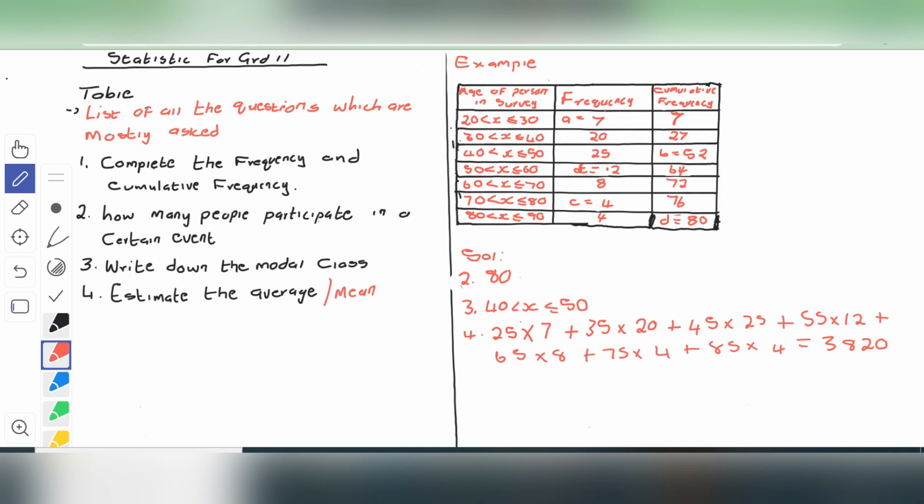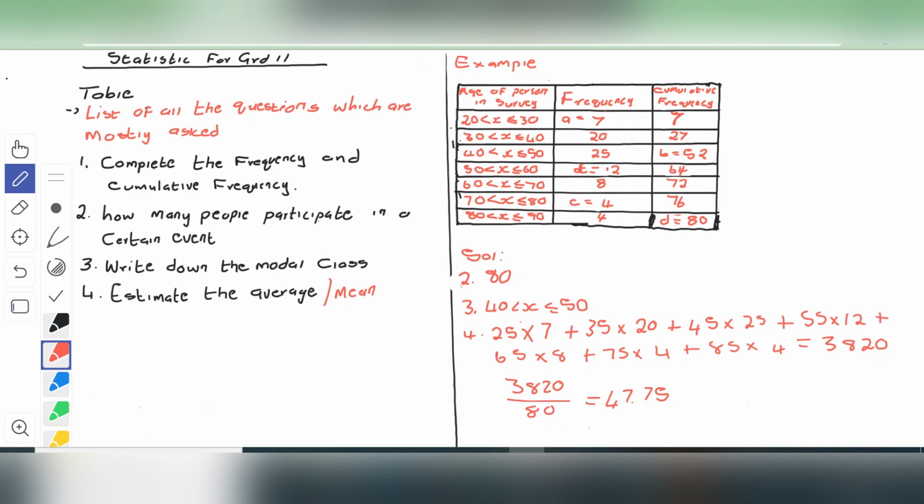We know that the total number of people is 80. So it's going to be 3,820 divided by 80, which is going to give us 47.75. Right, so this is how we estimate the average.